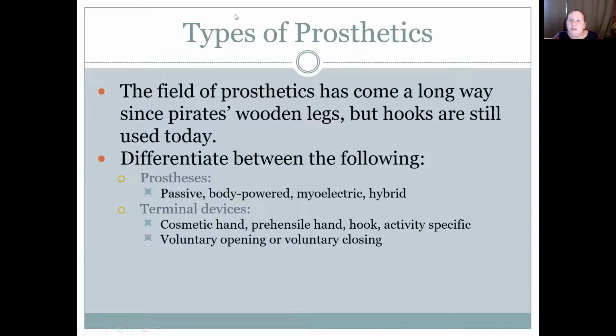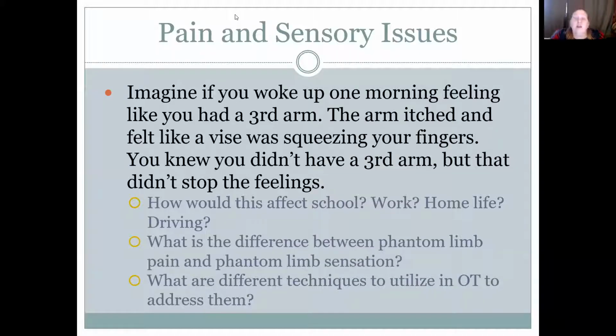All right, so the next area is the body-powered prosthesis, which has a harnessing system and uses the client's gross body movements to control an execution on a cable, okay? And we have myoelectric prosthesis, which has electronic motors and is battery-powered, okay?